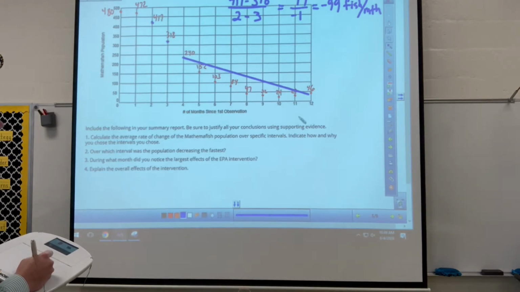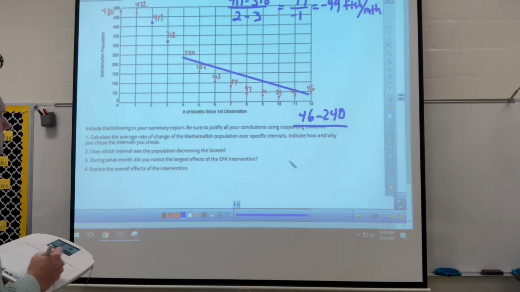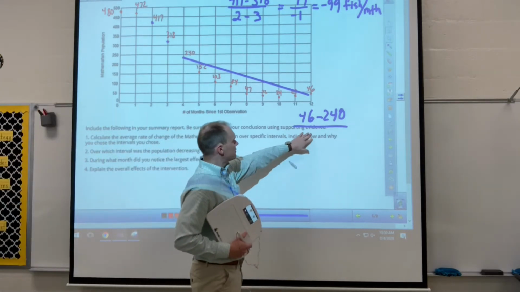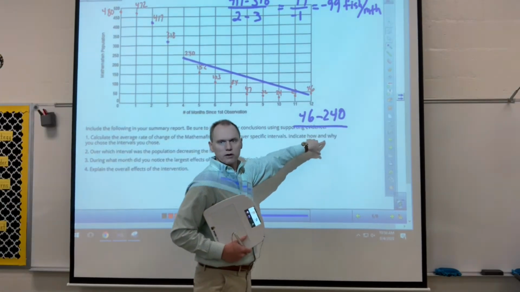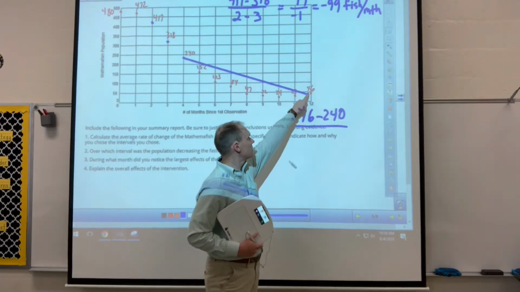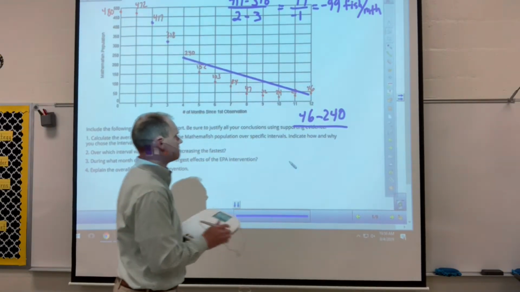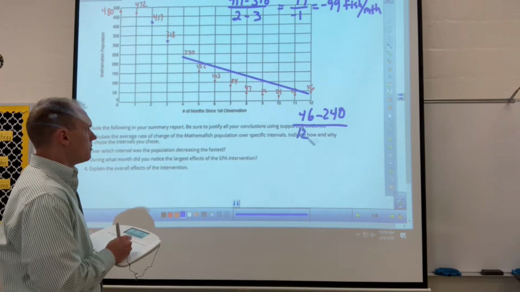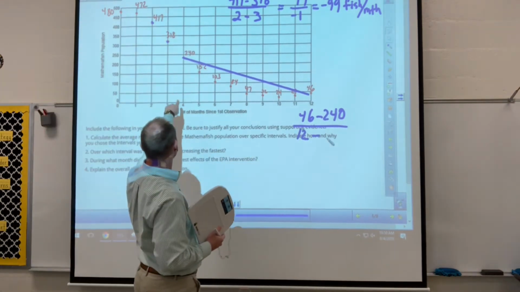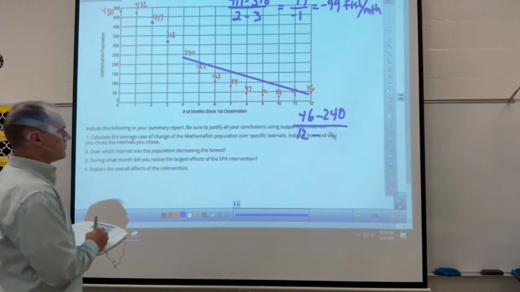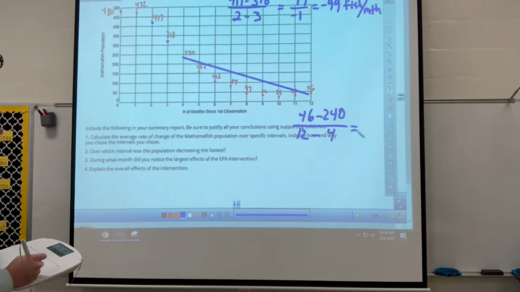You can do 46 minus 240, so it's the difference in the population divided by the difference in months. Just make sure you start with the same months that correspond to the values you did up here. So if we start with 46 up here, we're going to start with month 12 down here. So 12 minus, 240 corresponded to month 4, so it'll be 4 there. Okay?